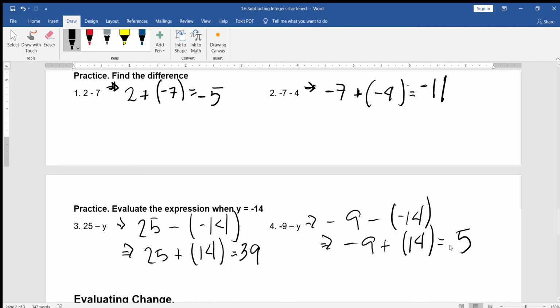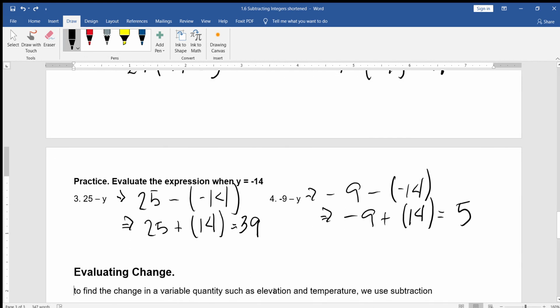Negative or positive? Negative. So that's your final answer. Or no, my bad. Positive. My bad on that. It's actually positive. And that's basically it. So you did 1 to 4 practice. Good job. And let's move on to our last lesson.